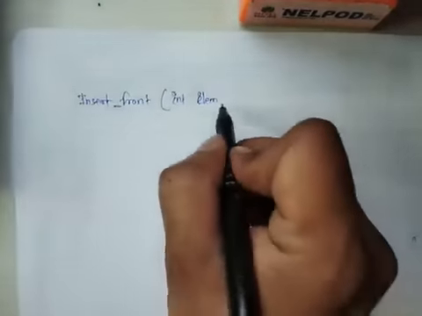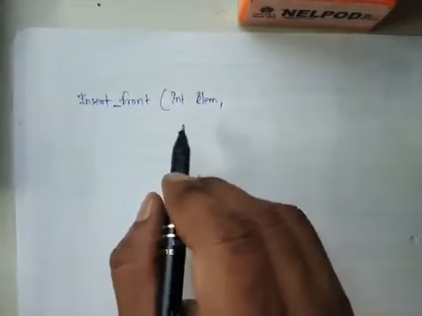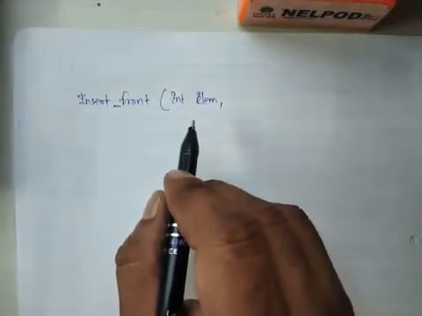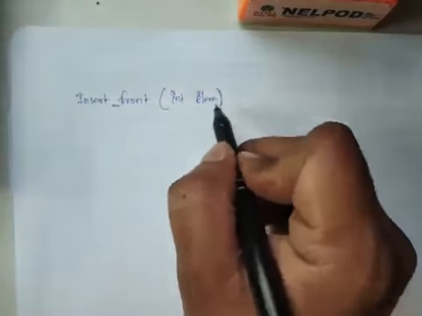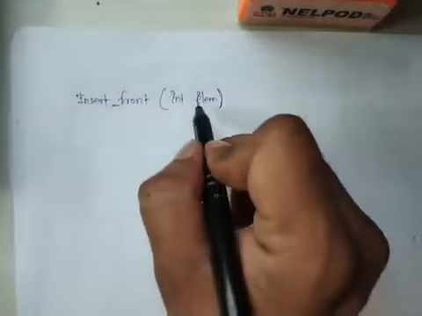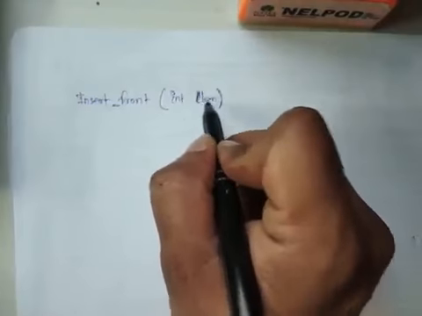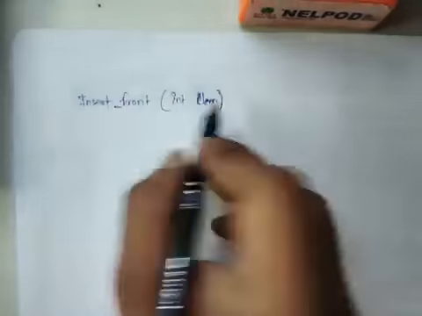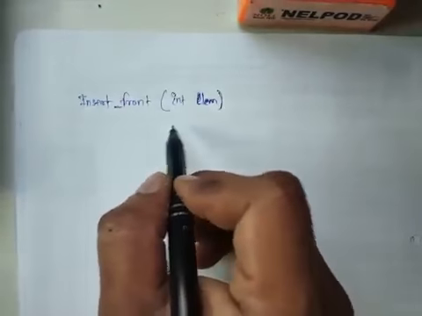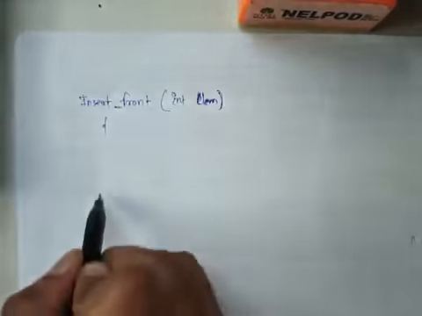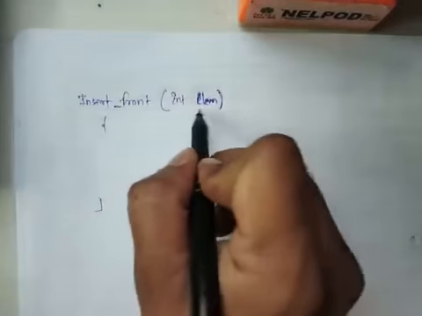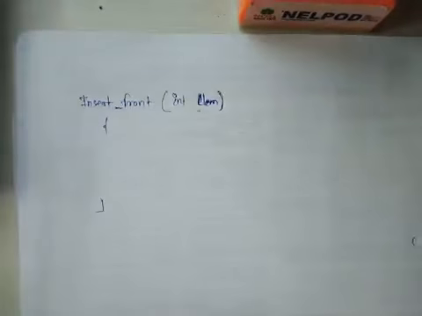It will take only one parameter. We are inserting at the front, so we need only one element, an integer. So insert front takes one parameter, the element which we are inserting from the user side.